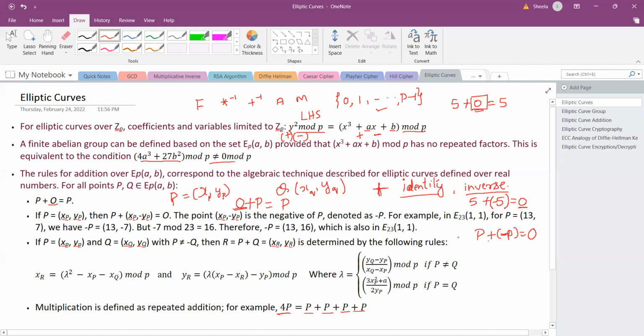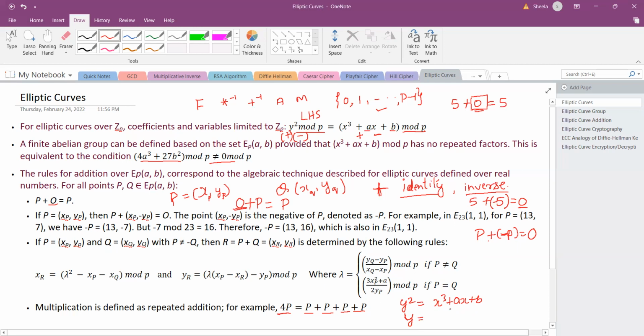And also, with respect to the general expression, for an elliptic curve over real numbers, we can define the elliptic curve expression as y square is equal to x cube plus ax plus b. Okay, this is the simple expression which we are going to use for cryptographic applications. So from this, we can notice that if I know the value of x, I can find the value of y using this expression.